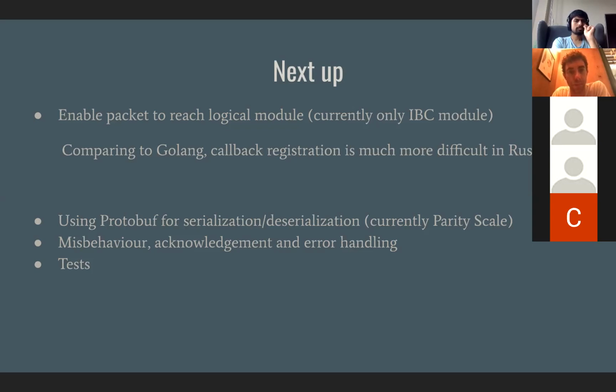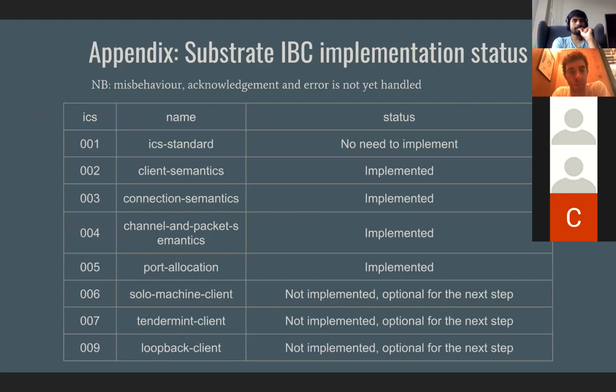To summarize, I just listed all the ICS and the current status of our Substrate IBC implementation. This one is meta, so no need to implement. This is a spec, so no need to implement.